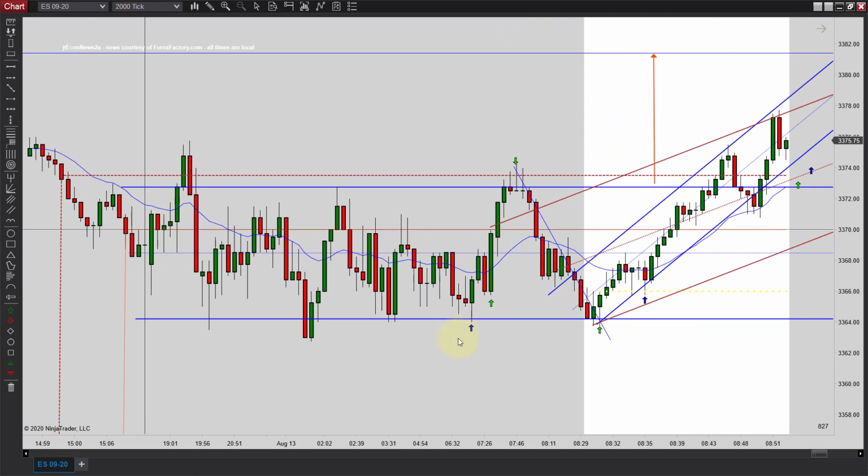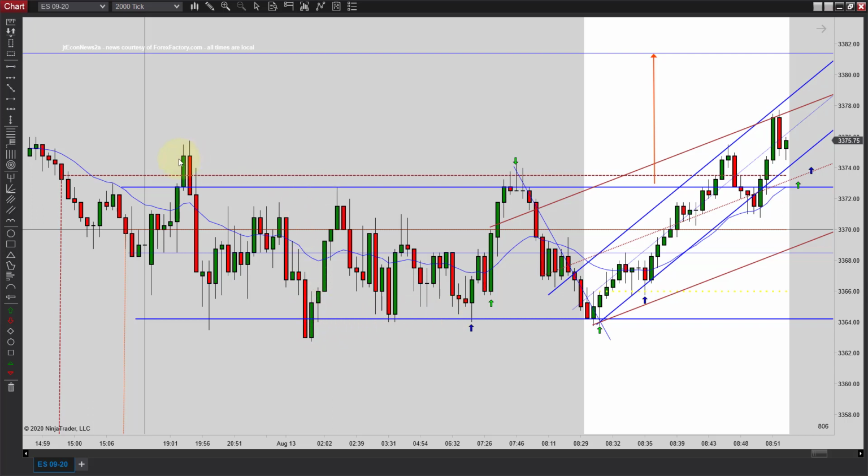Obviously, it's 7 o'clock. We're in a range here, and we're bouncing down here. Notice we've bounced a few times down at this level. The key here is how much space there is between.